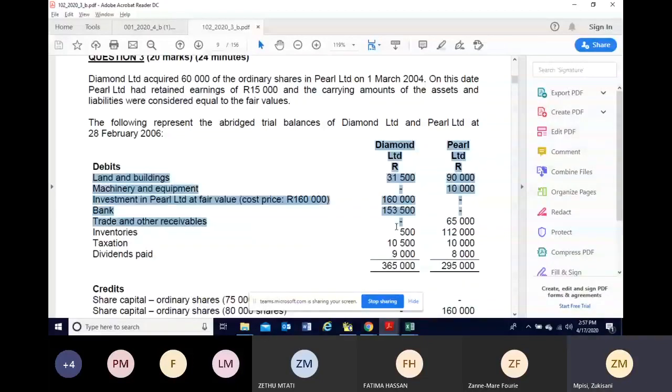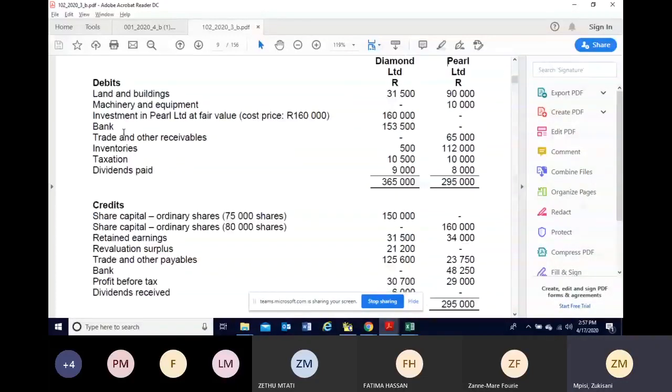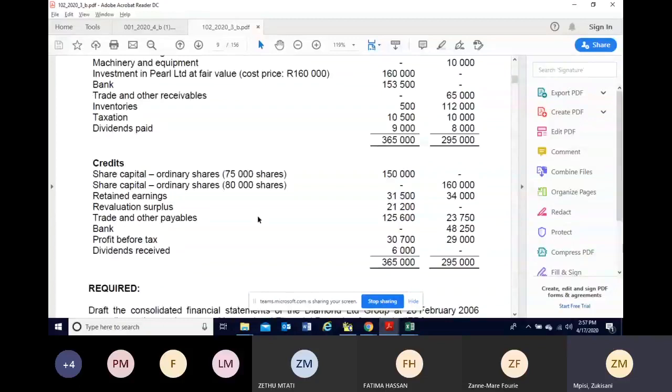So you've got Diamond Ltd, and then you've got Pearl Ltd. You've got debits, which are showing you the expenses and the assets, and then you've got the credits, which are showing you the equity and the liabilities, including the profit before tax.